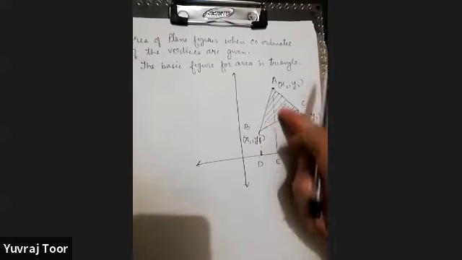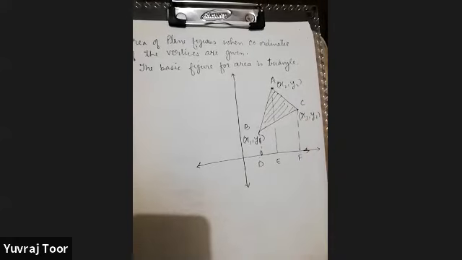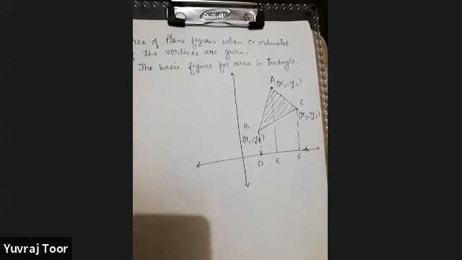From this and this, if you separate out the white part, you get the area of the triangle. Now, why have I preferred trapezium?